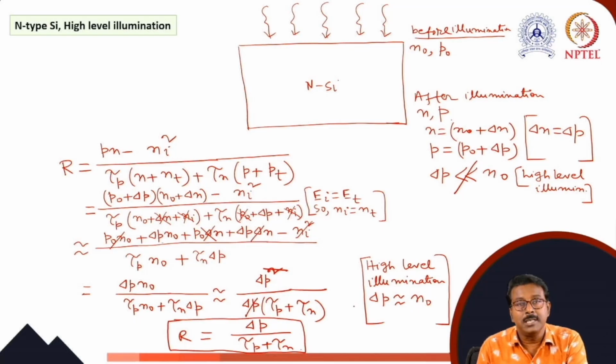So these are the two cases we have shown. Similarly, for p silicon under high level and low level illumination, you can start and observe that you achieve the same result. So ultimately, the rate of recombination depends on the level of illumination.